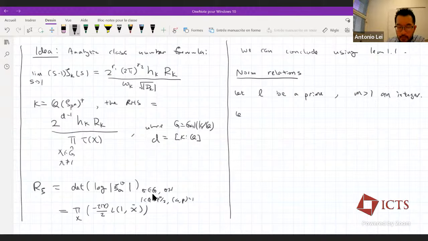So I have a norm map going from the extension given by M times L root of unity to the M cyclotomic extension. So I call this the norm map.